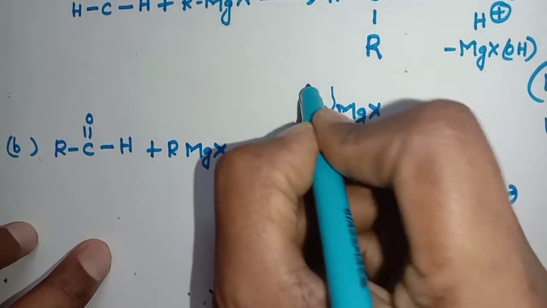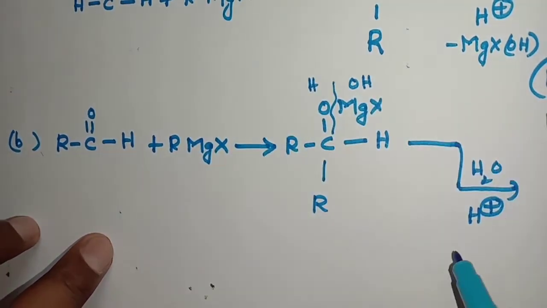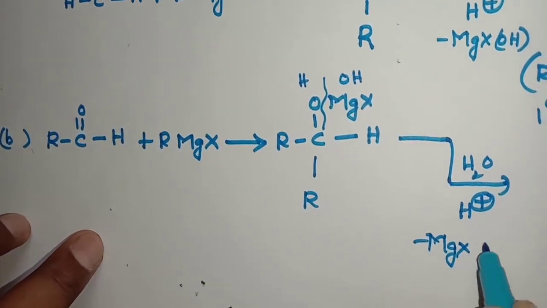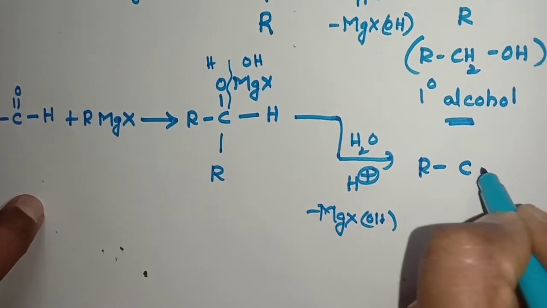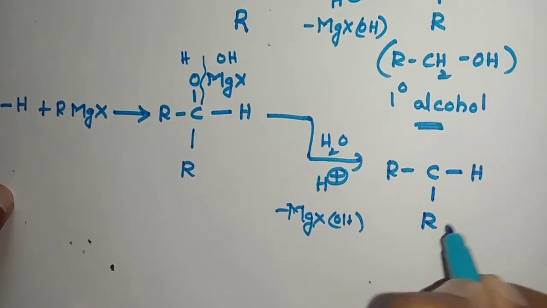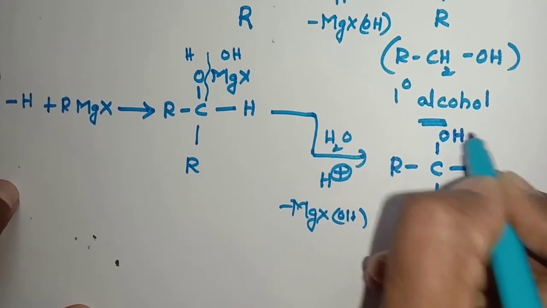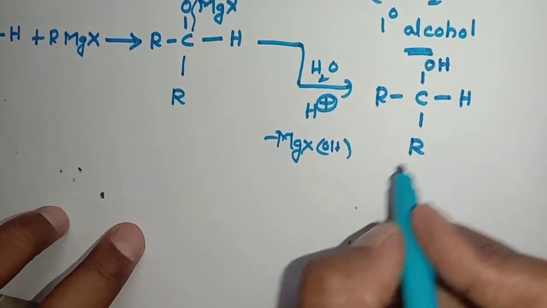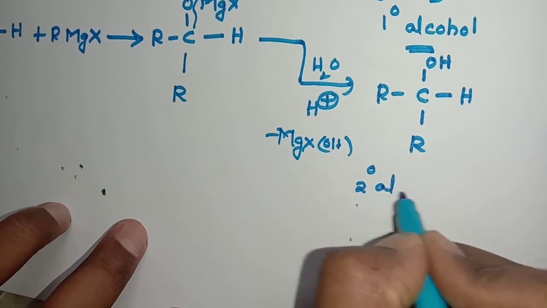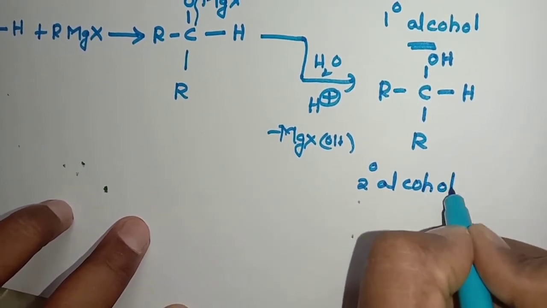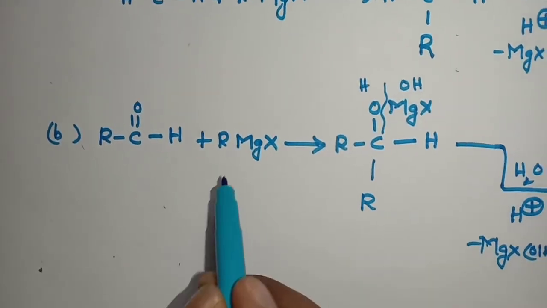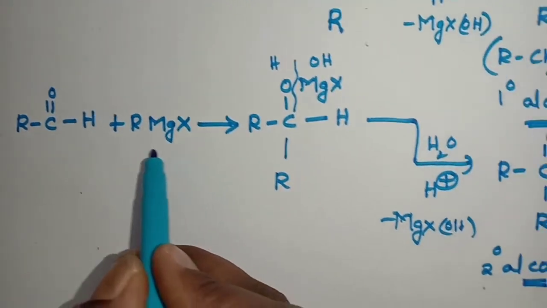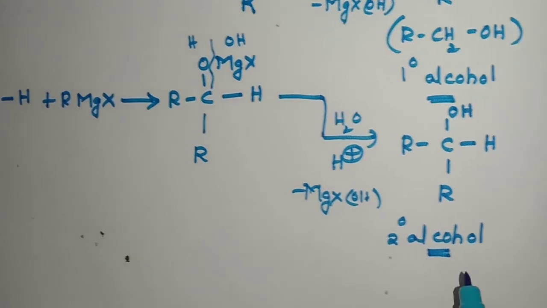Again it breaks up here. H OH, minus MgX OH goes out and forms R C H R, here comes OH. So what is this called as? This is called as a secondary alcohol. Okay. So aldehydes other than formaldehyde react with RMgX giving secondary alcohols.